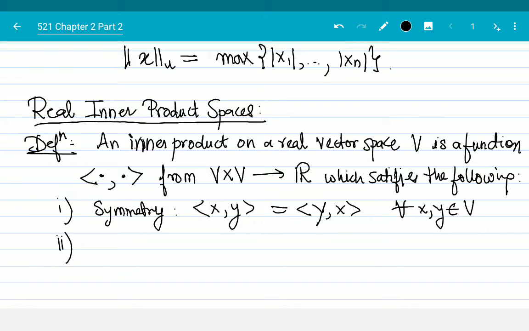Second, linearity in the first component.